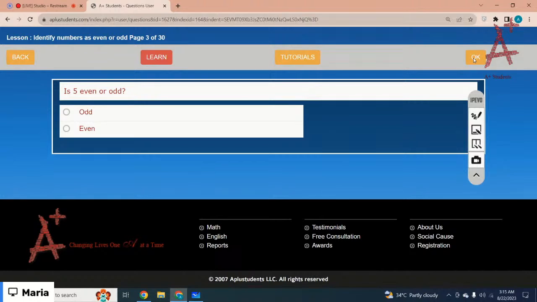Is 5 even or odd? Which is the correct option? Five is an odd number, right? The correct option is odd.